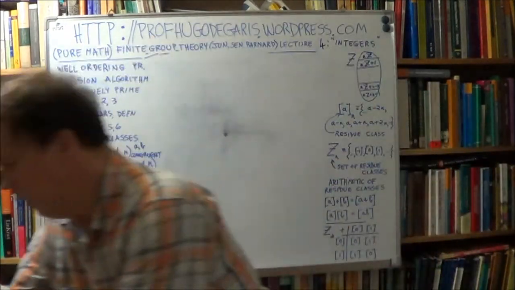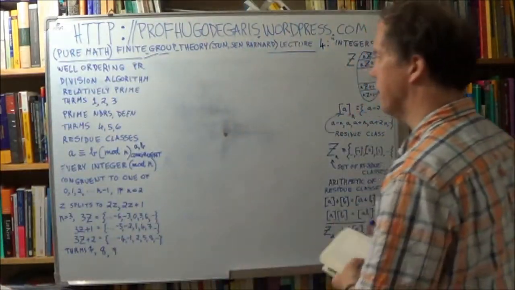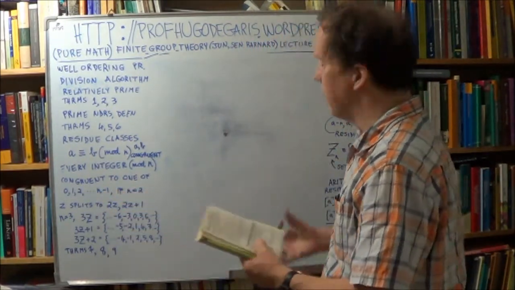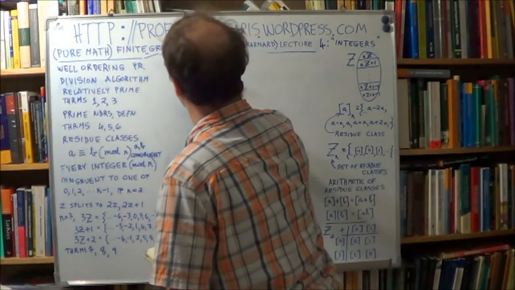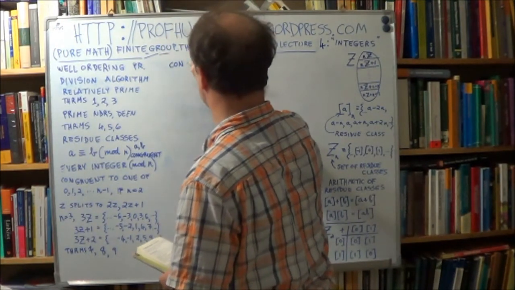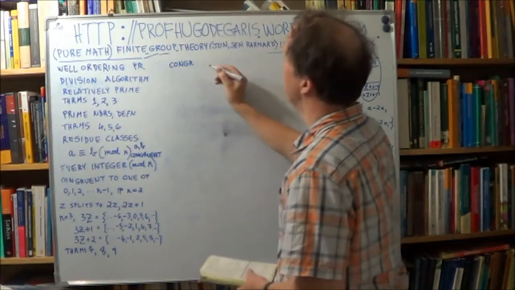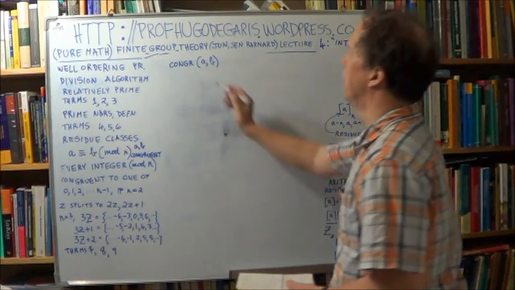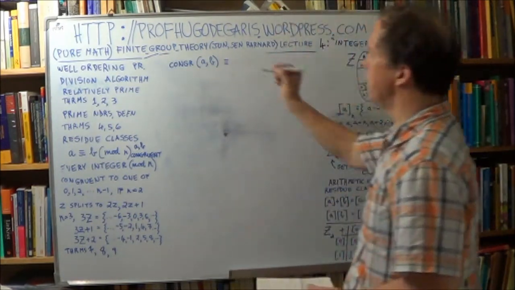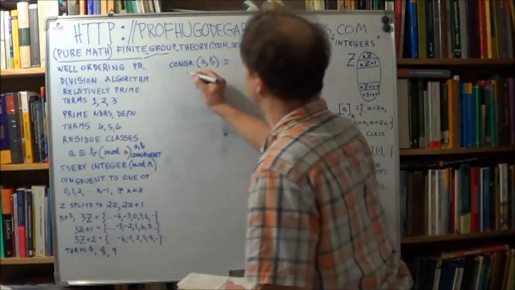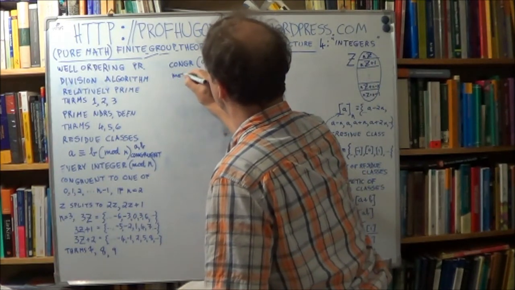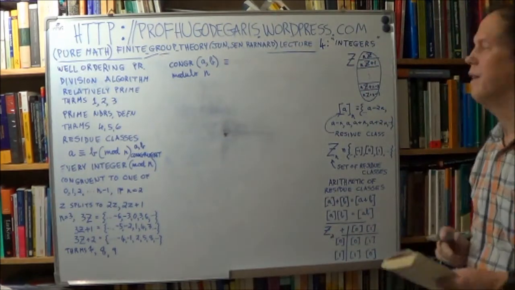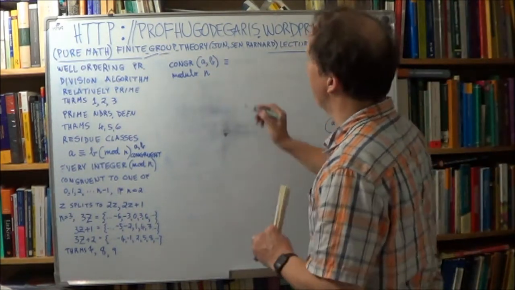Okay. Right. So let's start with congruent. Two numbers. So two integers A and B are congruent by definition if modulo n. I need to specify that. I'll explain what that means.